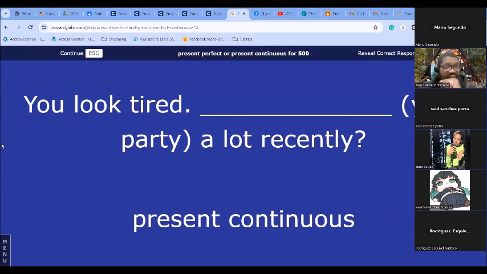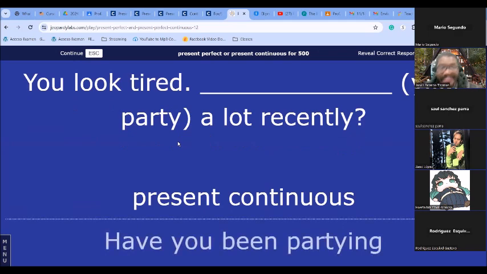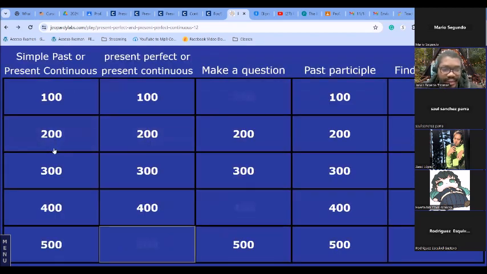Present perfect continuous. Have you been partying a lot recently? Yes, indeed. Have you been partying a lot recently? Good. All right. Paula, you're next.